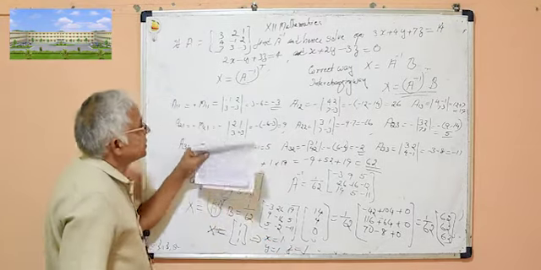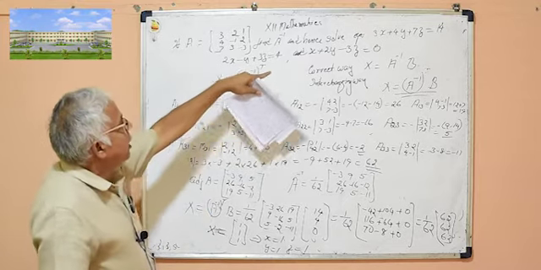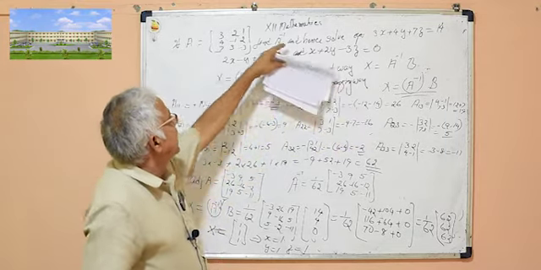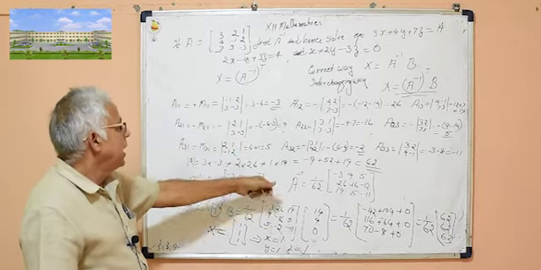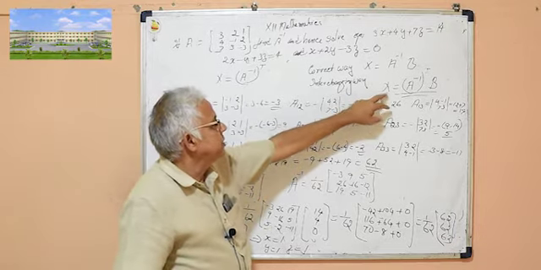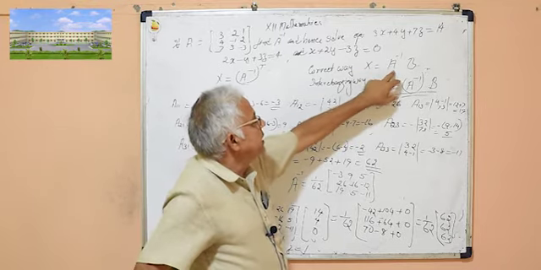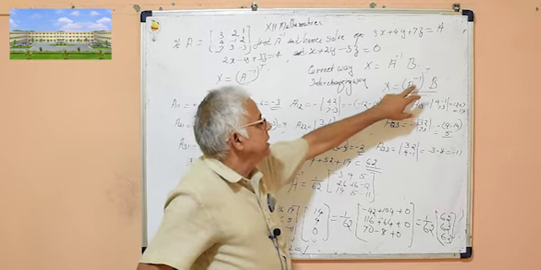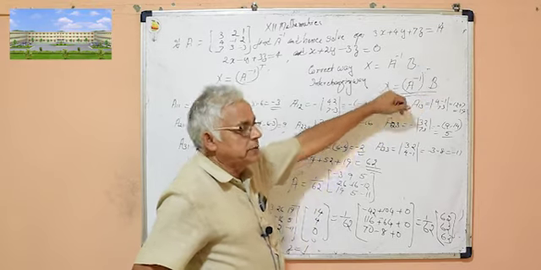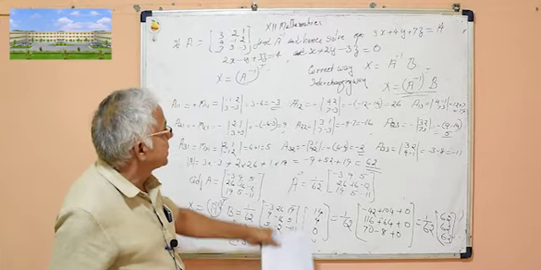This is important. Note the coefficients of variables are in the interchanging form. Then we use, for solving the equation, x is equal to row base A inverse into B. But in the column base, we use A inverse transpose. This is the method.